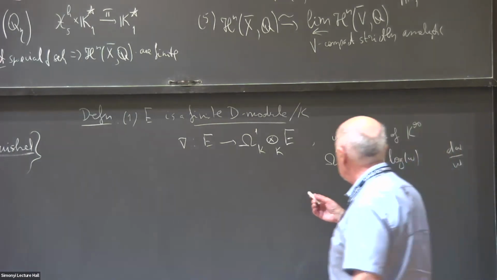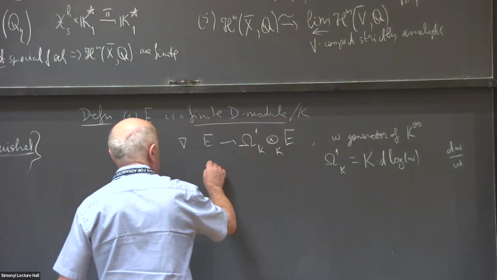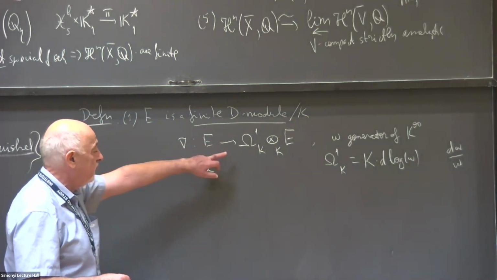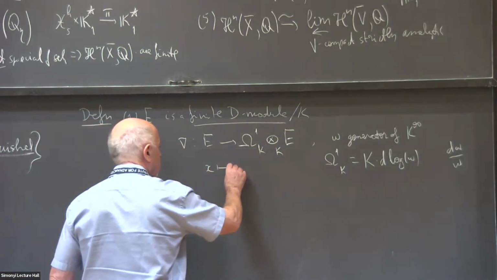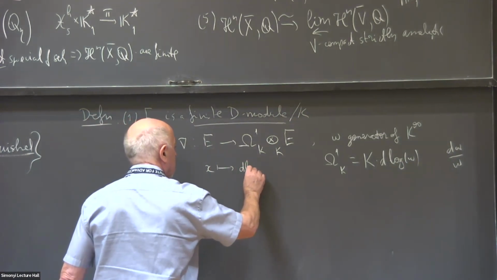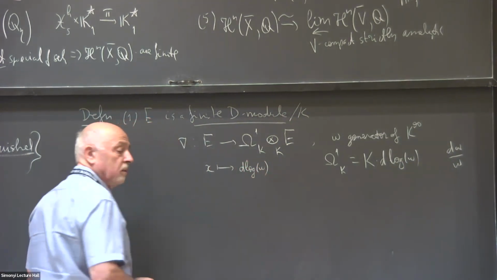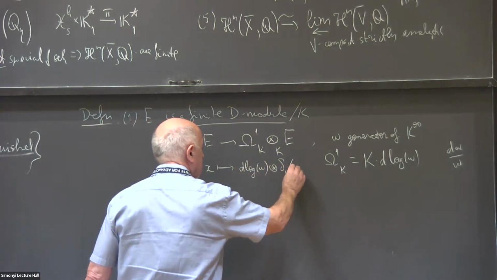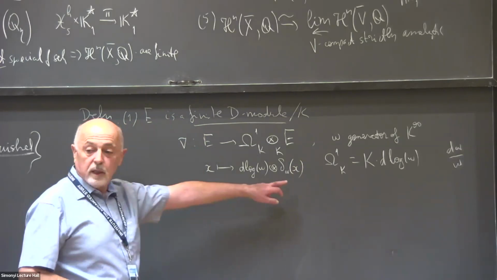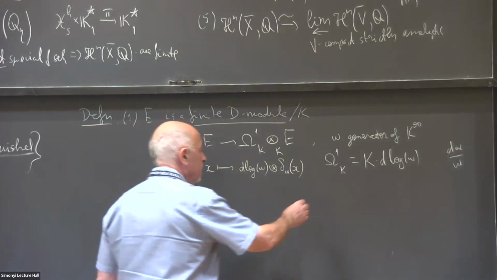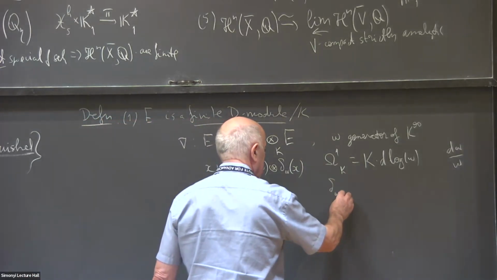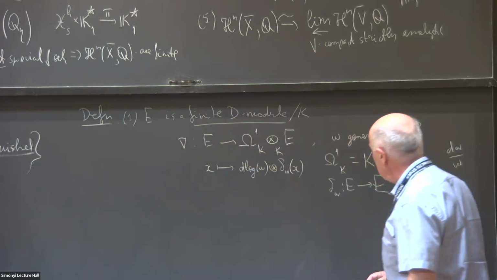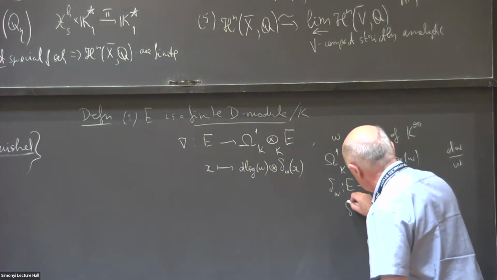Now, this means that we can write an equivalent form of this connection: x goes to d log varpi tensor delta varpi of x, where delta is a derivation. It's a C-linear operator with the following property.